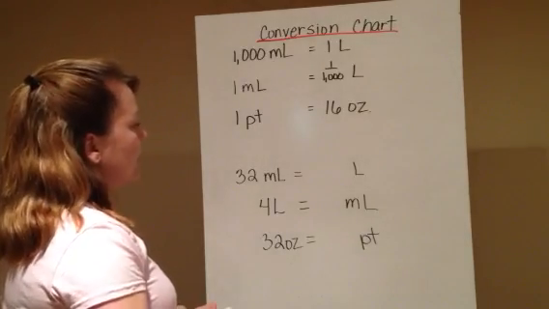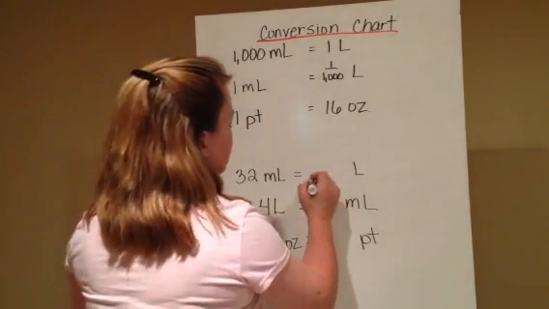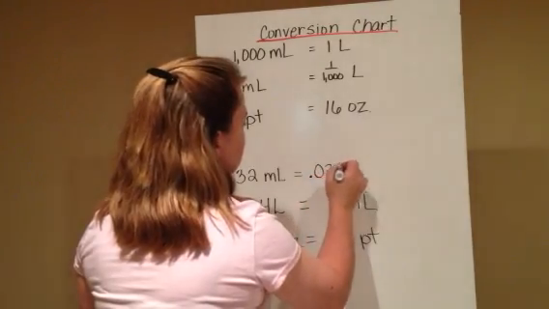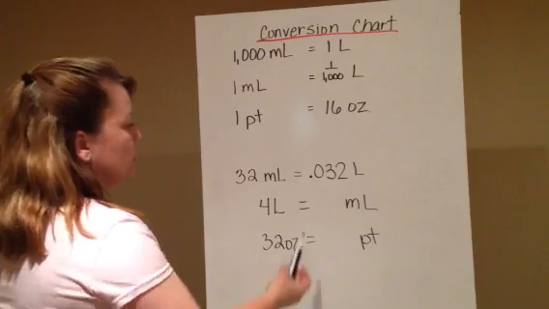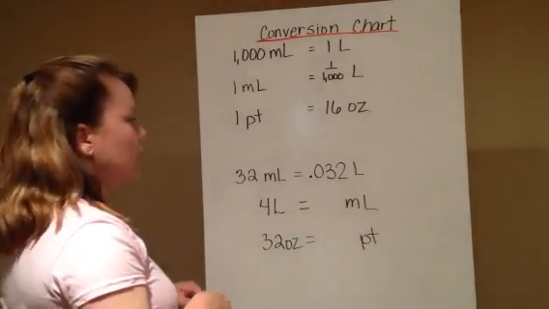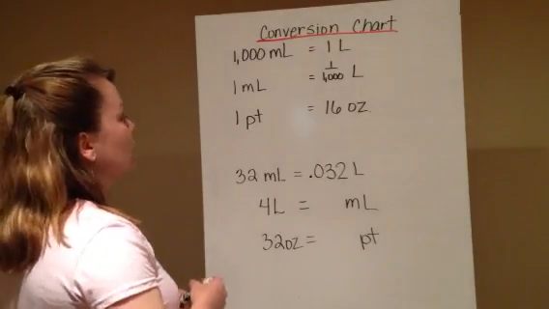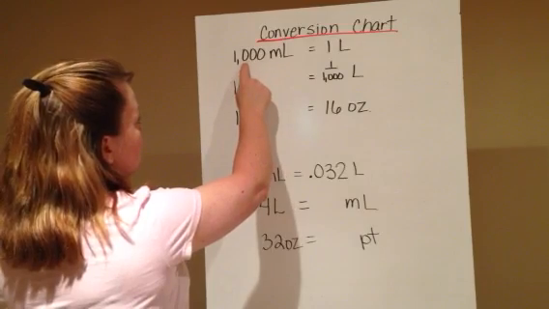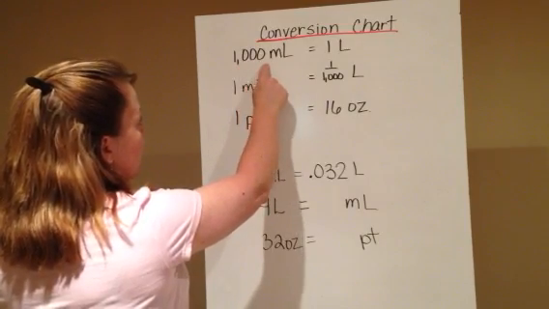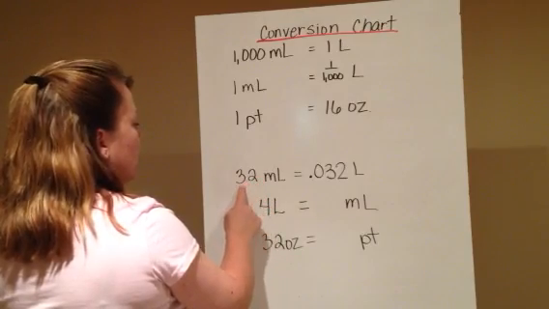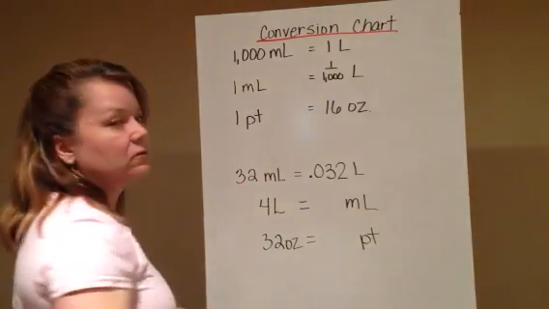So that means that my answer is going to be a decimal. Okay, it's going to come out to 32 thousandths of a liter. Okay, and if you think about it this way, there are 3 zeros up here in this thousand.